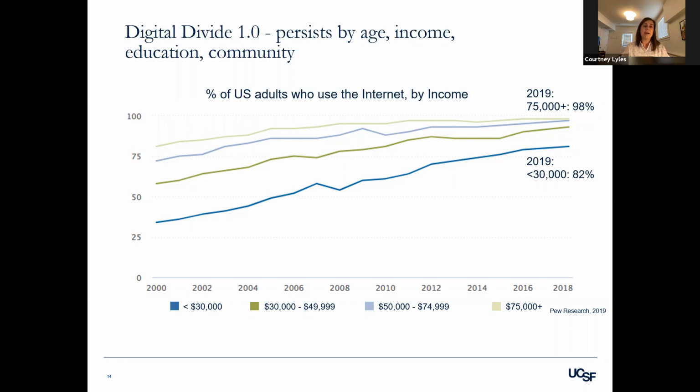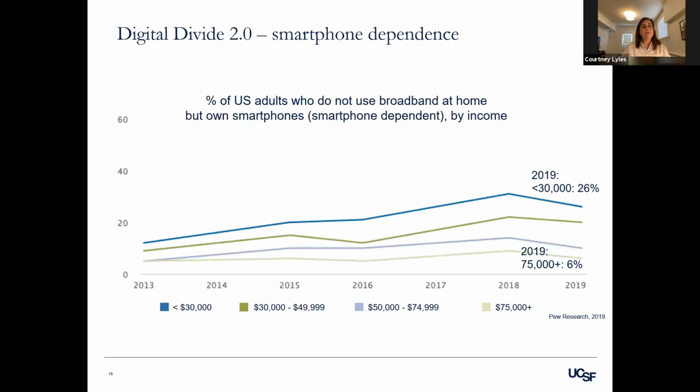And then on the next slide, you can see that there's also a second angle on this digital divide in the United States, which is now the blue line, the lowest income Americans, on top, which is really about smartphone dependency. So this idea that low income Americans have had a pretty strong increase: a quarter of low income Americans now are only using their smartphone to access the internet, without any broadband at their home.